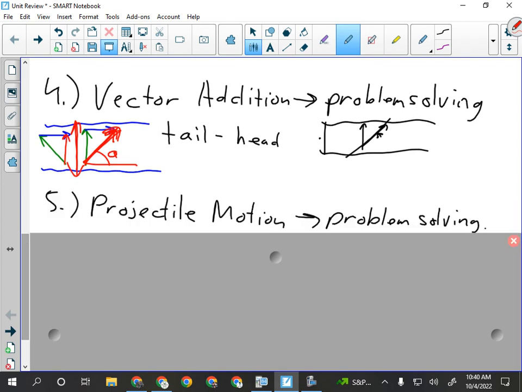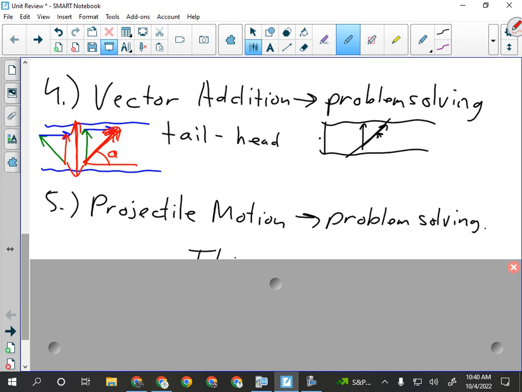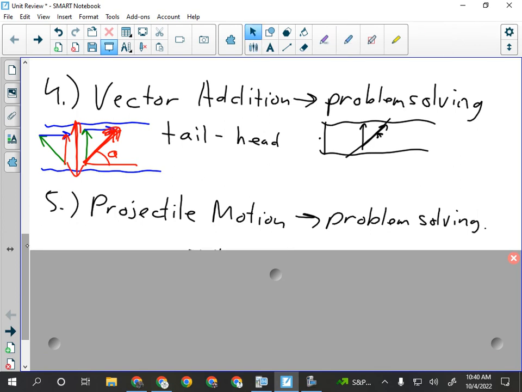And then projectile motion problem solving. So there will definitely be one of each kind: a projected horizontally question and a projected at an angle question.